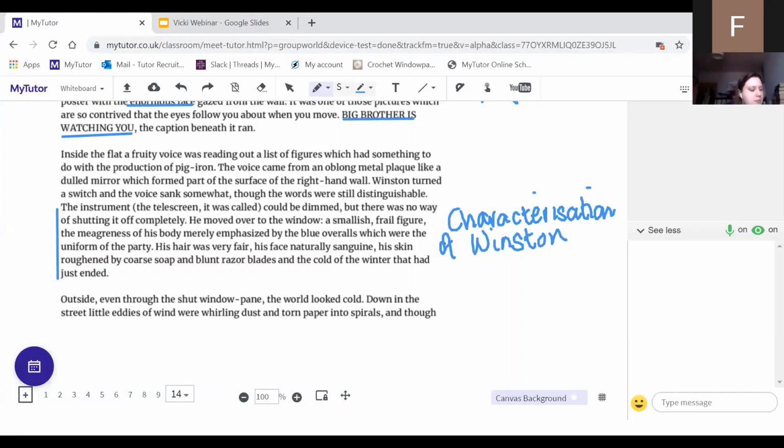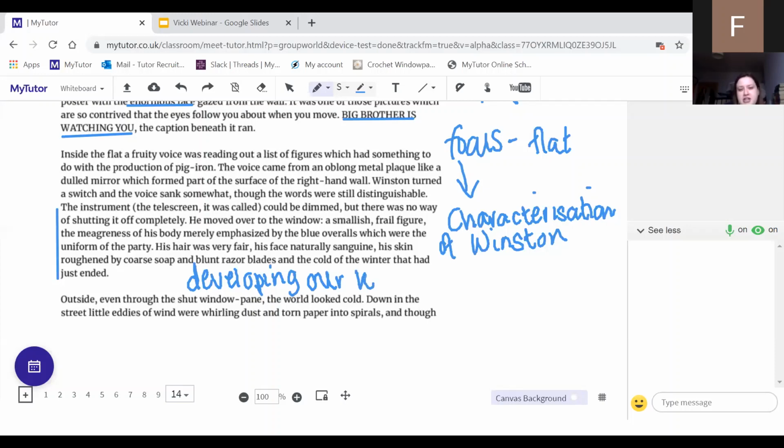Yep, right, so focus then is mainly this, as well as we've got a little bit more of what's going on in the flat. So we're developing our knowledge of this particular society.